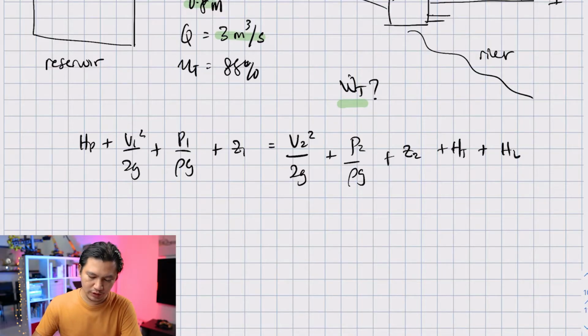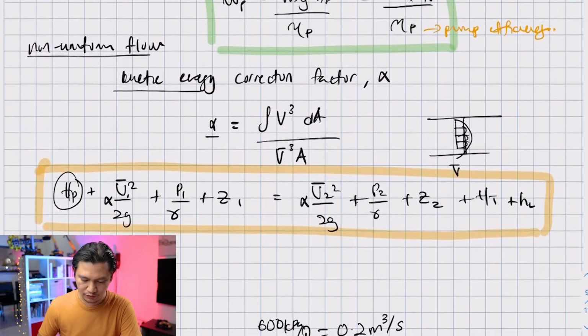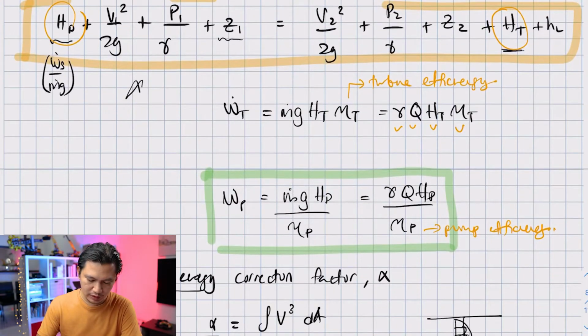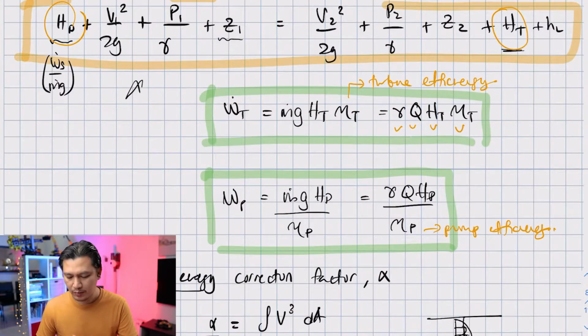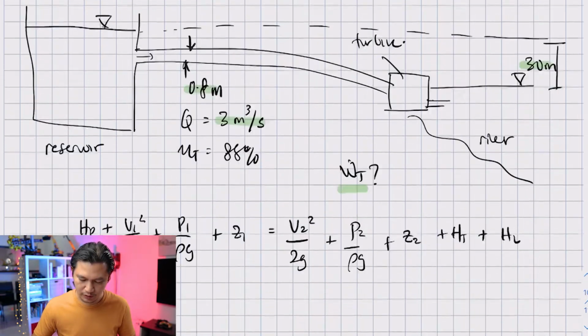And what is W dot T? The power of the turbine, as we've seen in our previous video, is actually this equation: gamma Q HT eta T. Let's write this again here just for our reference.